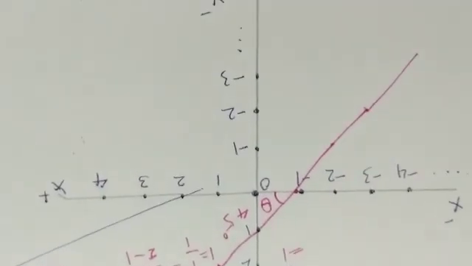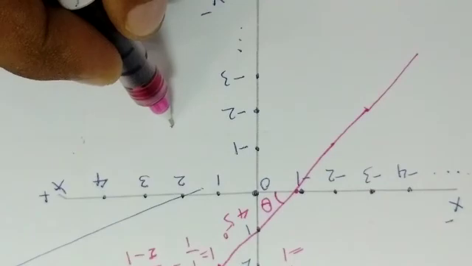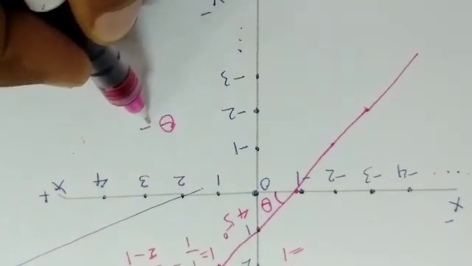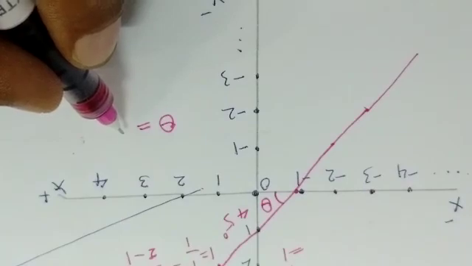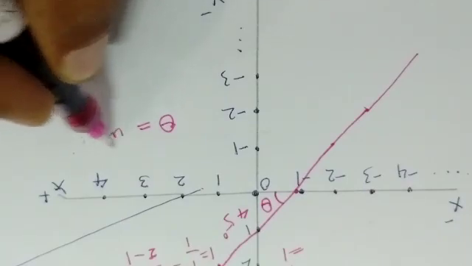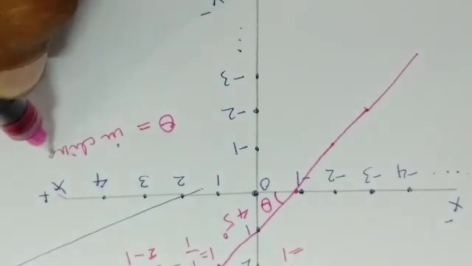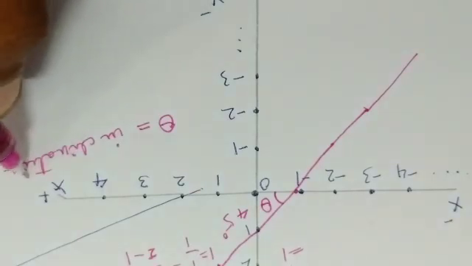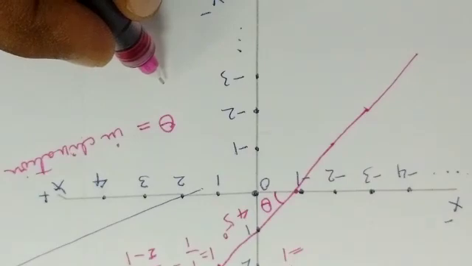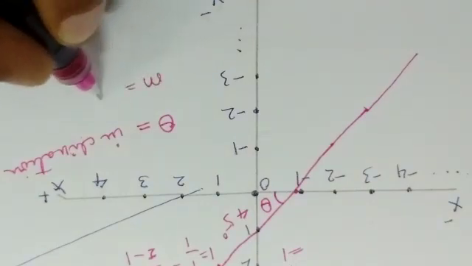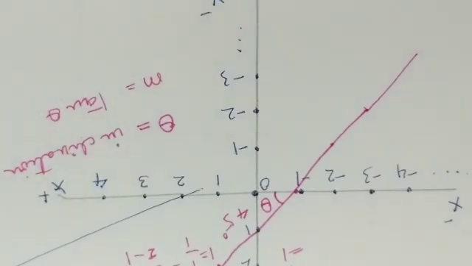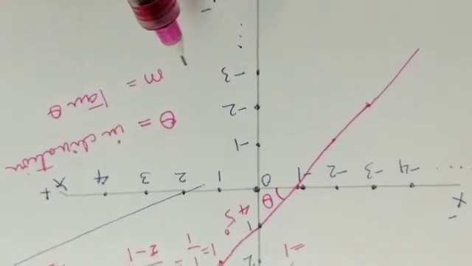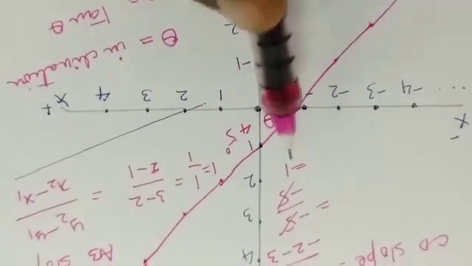So, if theta is the inclination, then slope is defined as m equal to tan theta. m means slope. How much slope did you get? 1.